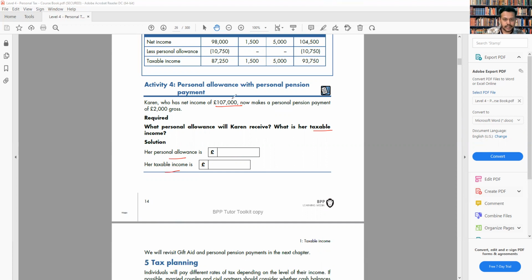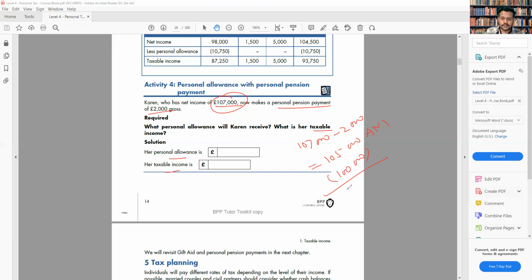So let's have a look. The net income is 107,000, and we have a personal pension contribution of 2,000. So you need to minus this 2,000 because that will reduce her income. So it will be 105,000 now, the ANI, adjusted net income. Now we have to minus 100,000 from here to find the reduction for the personal allowance.